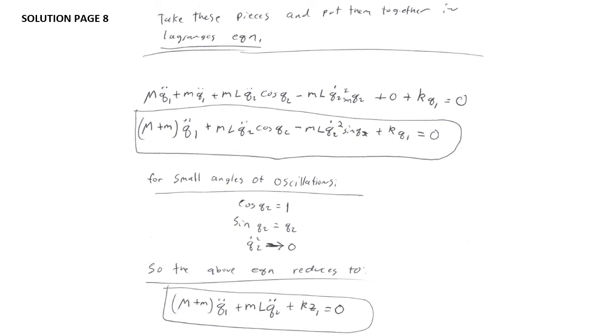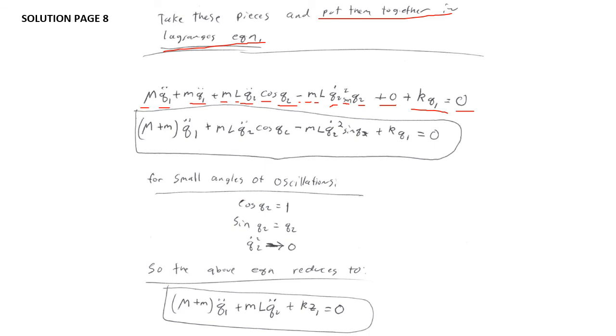So we'll take these pieces and put them together in Lagrange's equation next. We end up with m q1 double dot plus m q1 double dot plus lowercase m l q2 double dot times the cosine of q2 minus lowercase m l q2 dot squared sine q2 plus 0 plus k q1 is equal to 0.